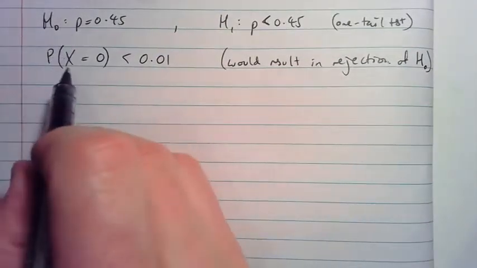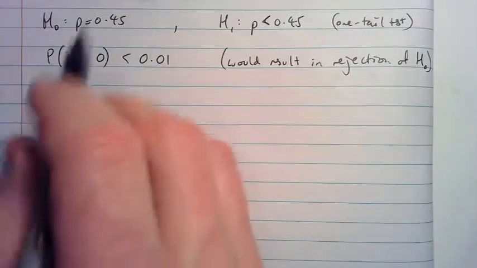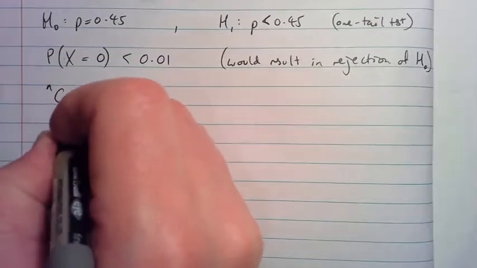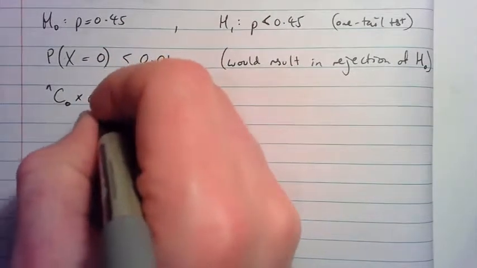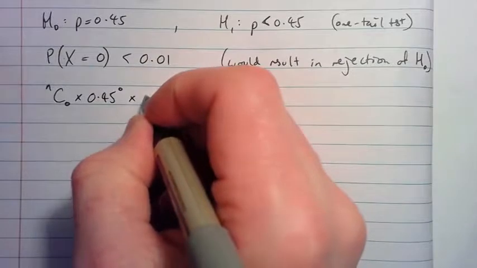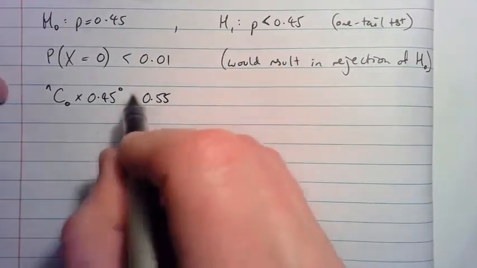Okay, now probability of x equals 0, well, we don't know n, may seem tricky, but let's actually look at the formula. So the formula would say it's nC0 times by p to the 0, p is 0.45, times by q, the probability of failure, which would be 0.55, to the power of n.